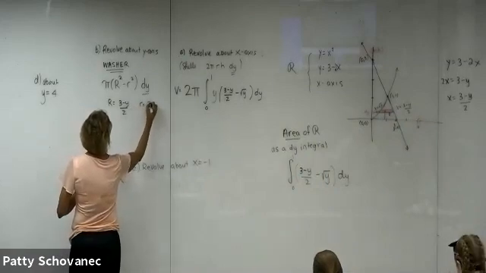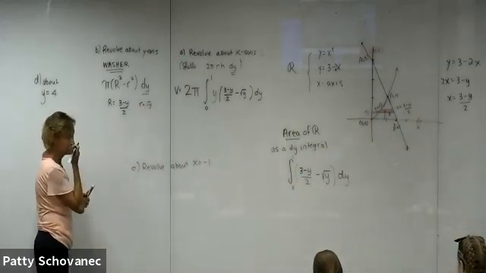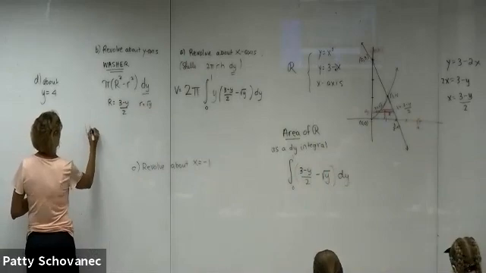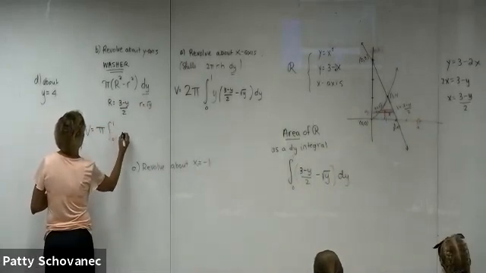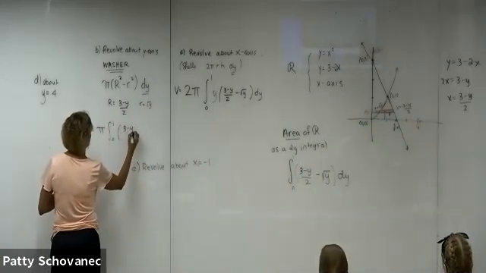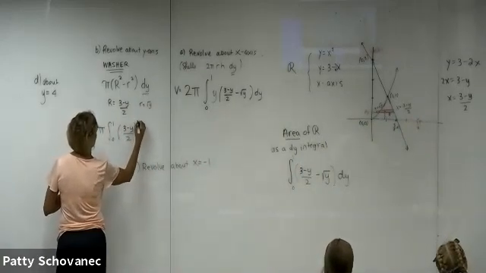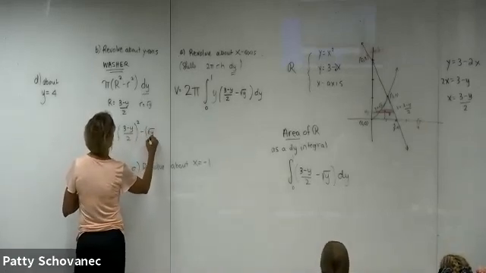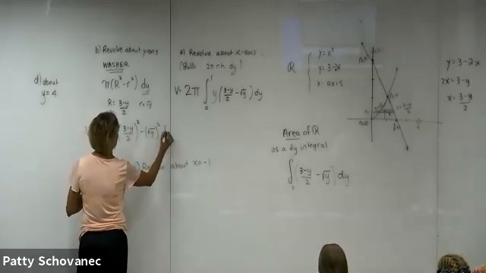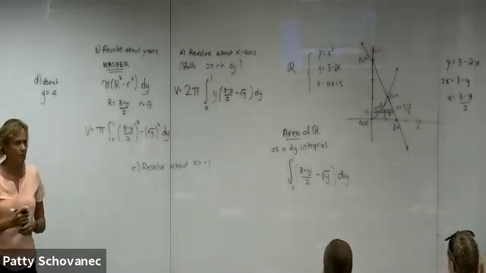Little r is the square root of y. And so our volume is our pi, this is always going to be 0 to 1, big R squared, 3 minus y over 2 all squared, minus little r squared dy.